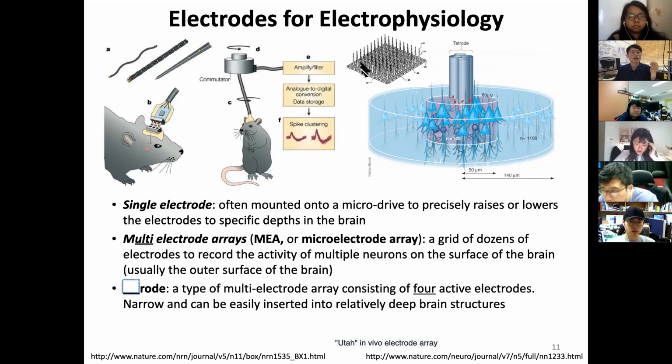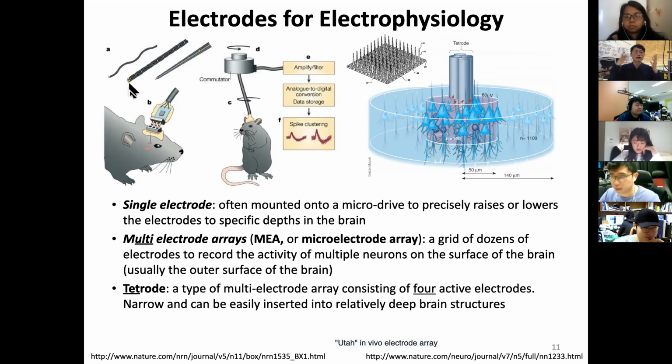Then let's think about what's happening when you insert an electrode inside the brain. So for example, this type of four active electrodes. Yanguna, I guess you can tell what this four-type electrode is? Tetrode. Yes, exactly. So four is tetrode. And the tetrode is one part, you have four.